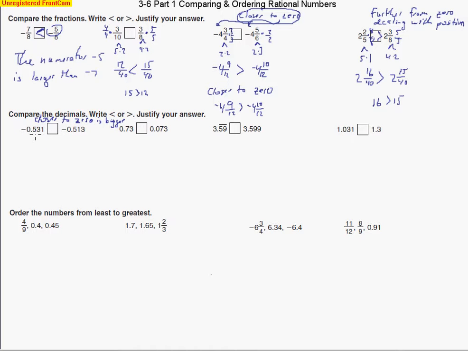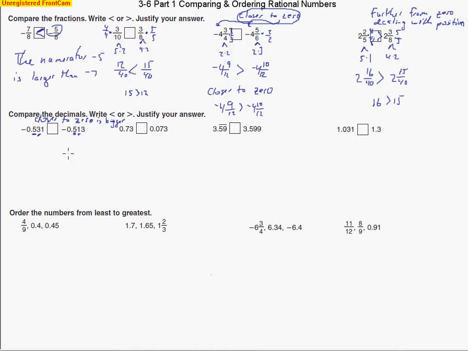So I look at the 5 in the 10th place, and I look at this 5. They're exactly the same. So those are both in the 10th place. Then I go to the next number. This is in the 100th place. So 3 and 1. Well, the one that is closer to 0 is the bigger number.